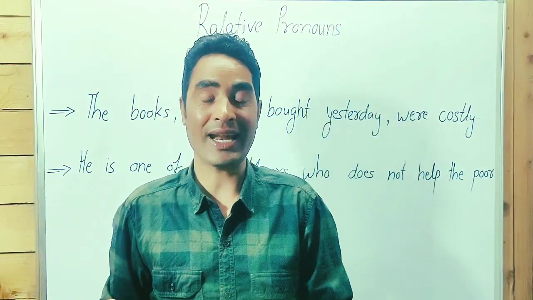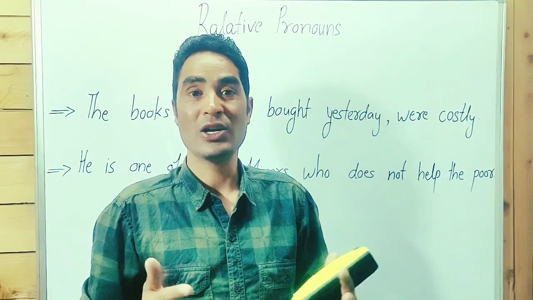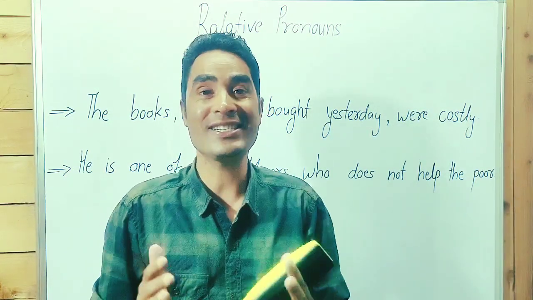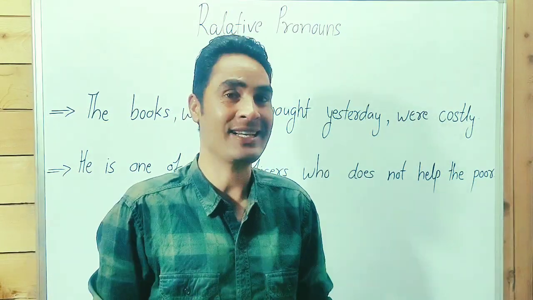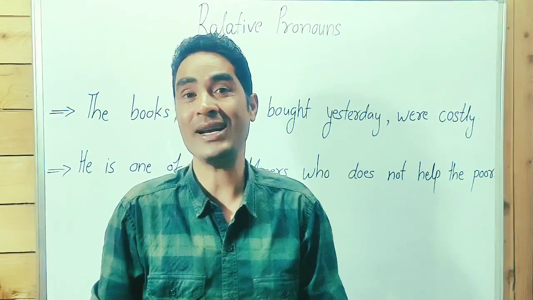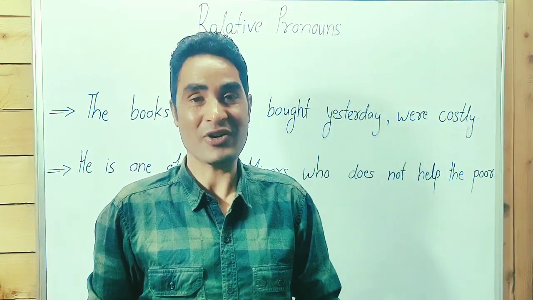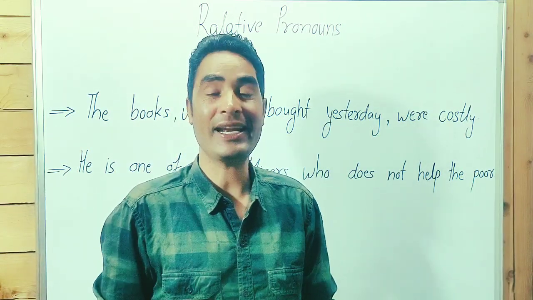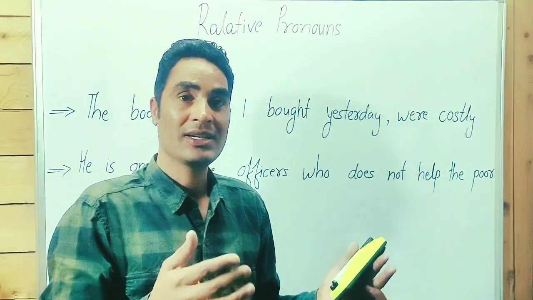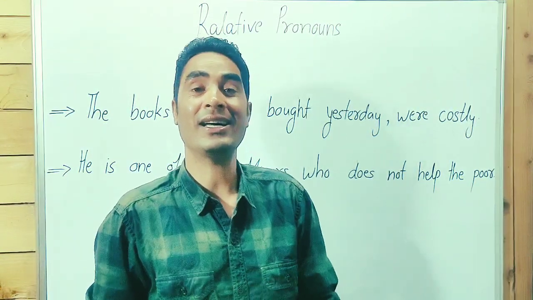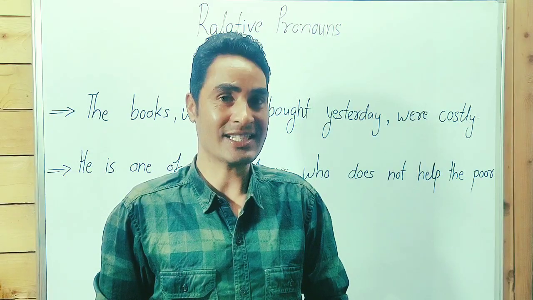A relative pronoun is used to relate a noun or pronoun. A pronoun that is used to relate an antecedent and makes a relative clause is called a relative pronoun. I hope you understood. A relative pronoun relates a noun and pronoun, and it makes an adjective clause.